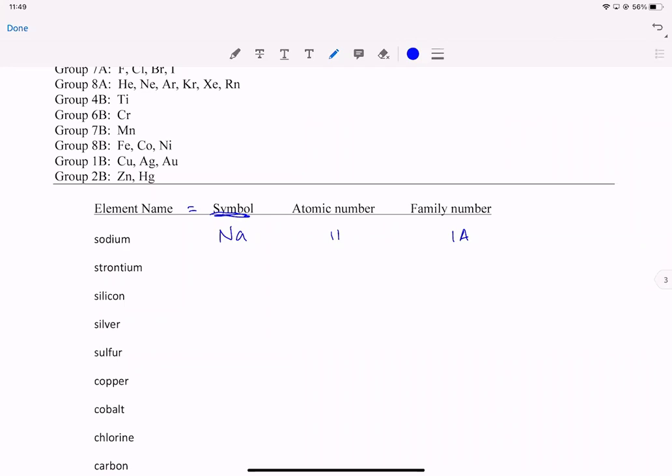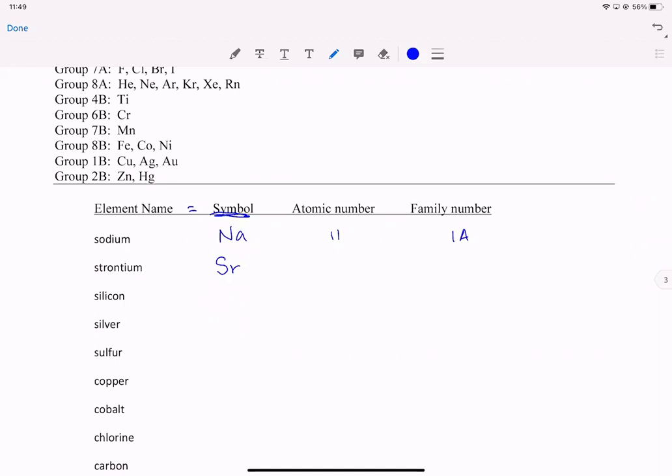Strontium. So strontium is the element symbol Sr. Notice that sodium does not start with S. It is not So. It is Na because some of these elements that are older have names that go back to their Greek and Roman and Latin names. So this is coming from the old name. The original name for sodium was natrium.